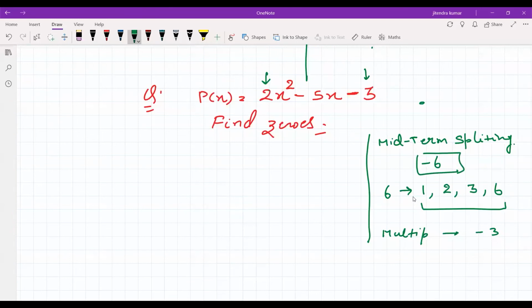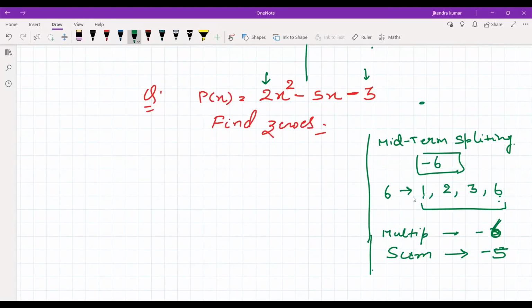So we have to choose two numbers whose multiplication should be equal to -6 and whose sum should give us -5. If we choose -6 and +1, then we can get this.